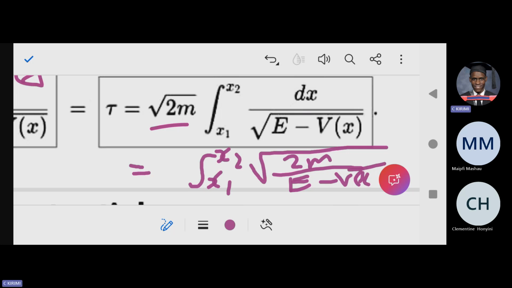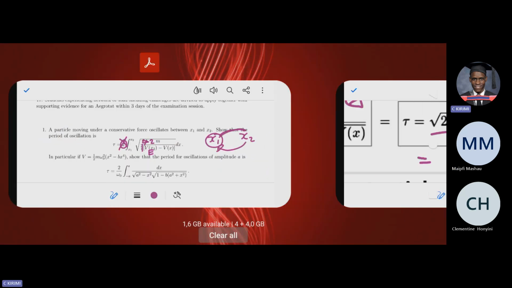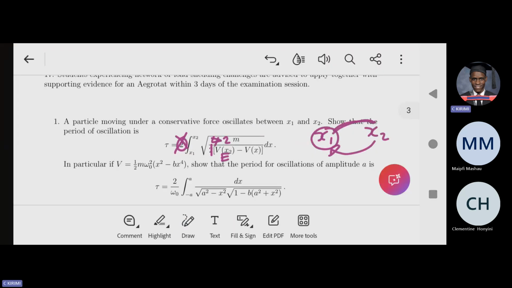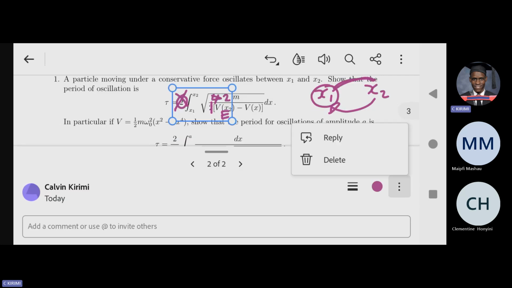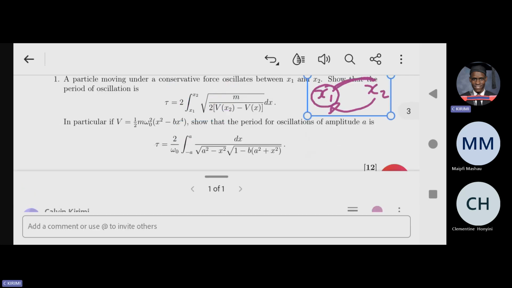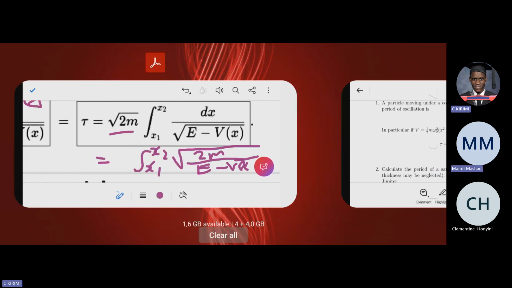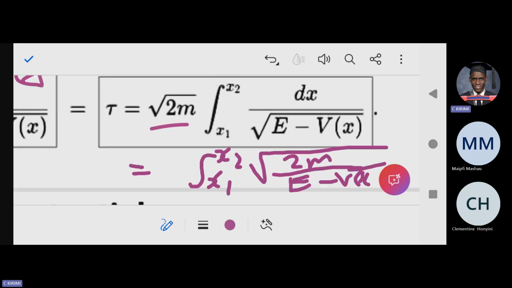Then if you want to take the 2 outside so that it looks the same as this one, because this one is having a 2 outside, so we want to make it look the same. It's just a matter of manipulating. What we are having is 2m over E minus V of x. So if I want to have a 2 outside, I manipulate.